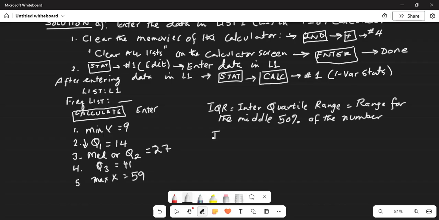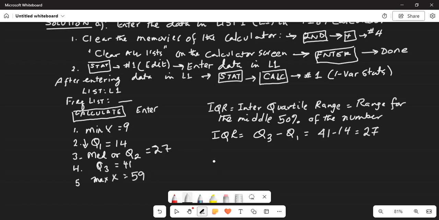So the interquartile range is Q3 minus Q1. In our case, it is 41 for the third quartile minus 14, which is 27. So this is your interquartile range.